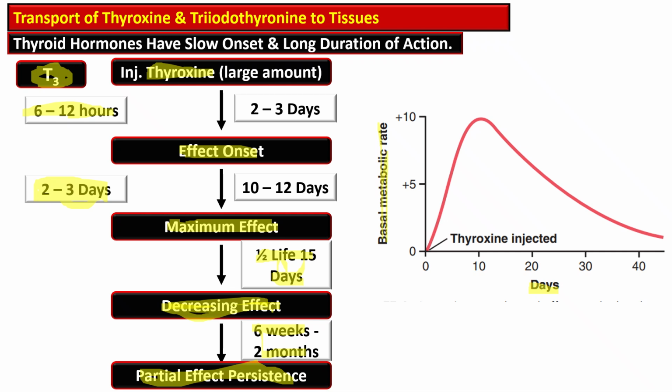So thyroxine is injected on day 0, that is the starting point, and thereafter there is no immediate increase in BMR. The metabolic rate starts to increase gradually, reflecting the slow onset of action of thyroxine.